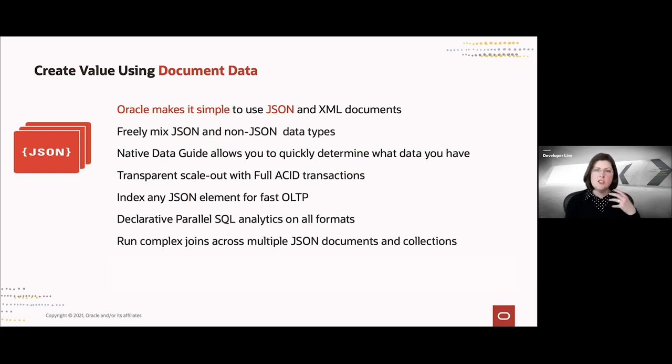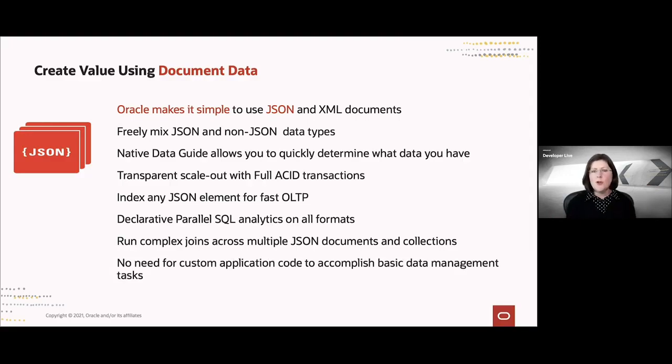So JSON, relational, and spatial data can all be accessed in the same query, in the same transaction. That's not a problem. And what's also nice is there's no need for any custom application code to accomplish the very basic data management tasks, because that's all taken care of automatically for you within Oracle database.